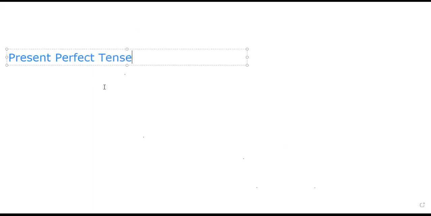In present perfect tense, what is the structure of a sentence and how will it change? Let me see. If I say, she has completed her homework.